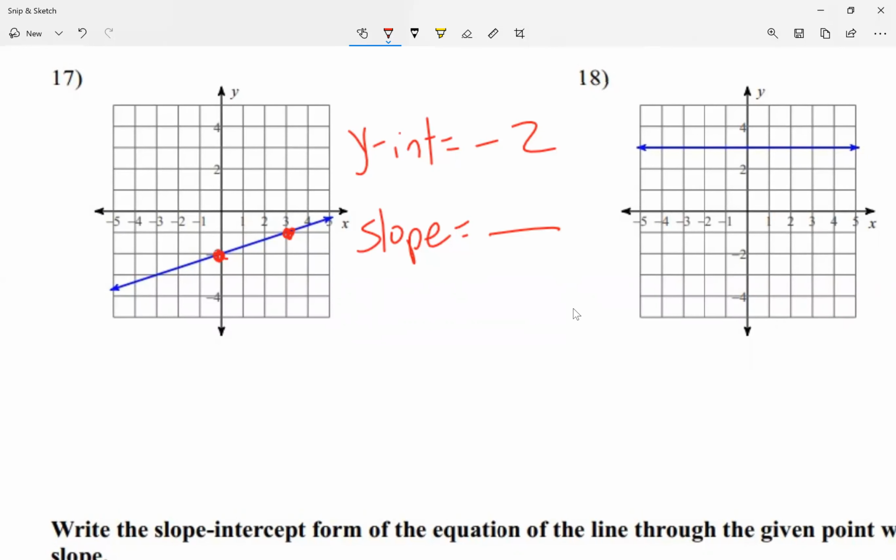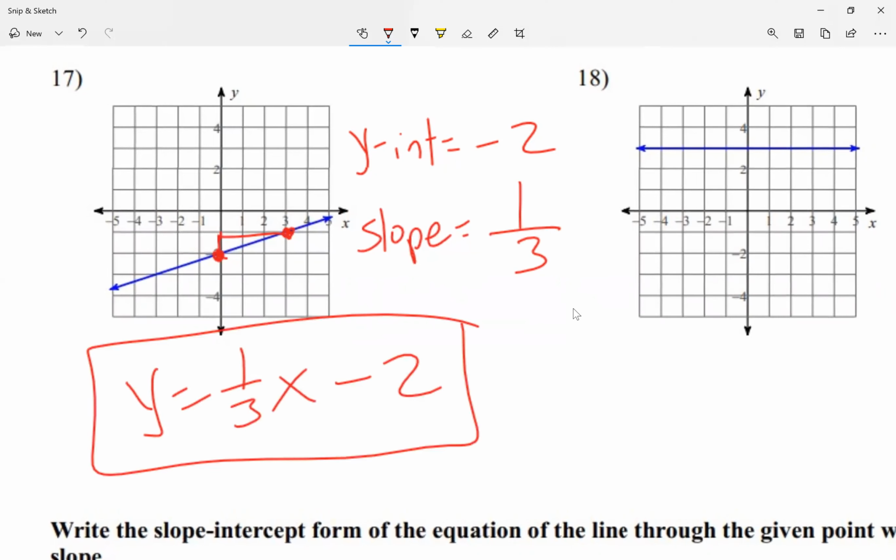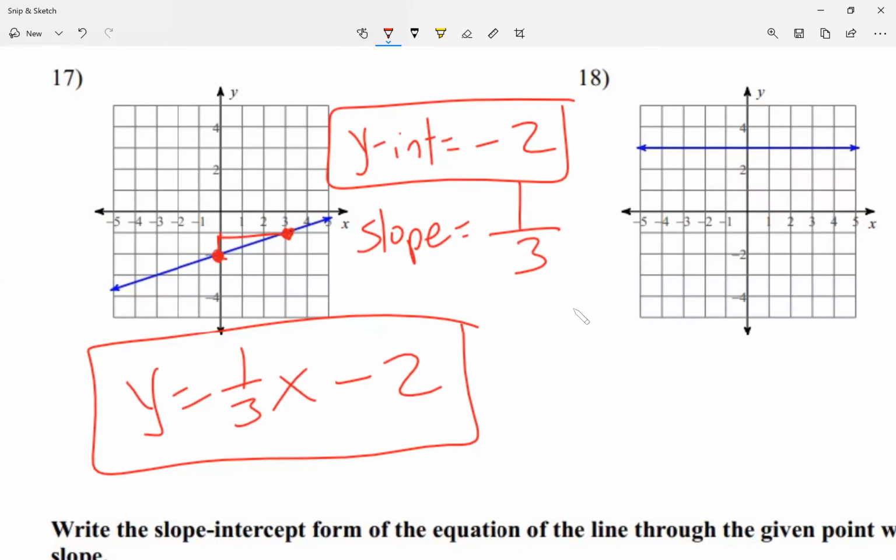And it seems like I go up 1 and 3 to the right. So up 1, so +1. And then 3 to the right, so +3 at the bottom. My equation is going to be y equals 1/3x -2. Remember, at the end is the y-intercept with the sign included. My y-intercept, you guys can tell, is -2.